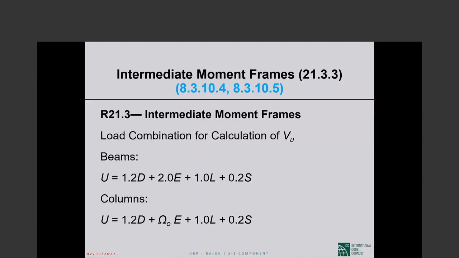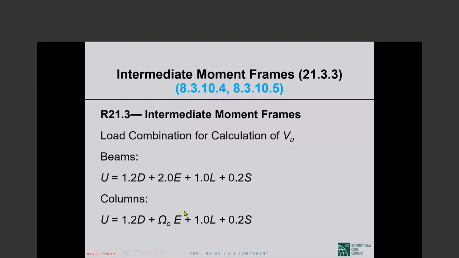So if we are designing an intermediate moment frame beam for shear, we could simply double the earthquake shear and not worry about calculating maximum shear based on nominal moment strengths at each end.